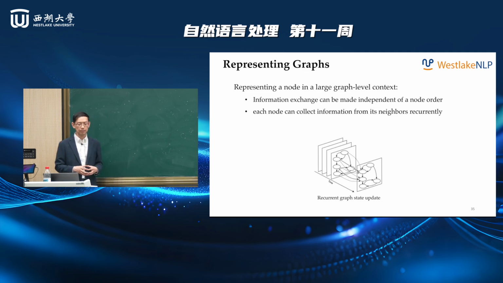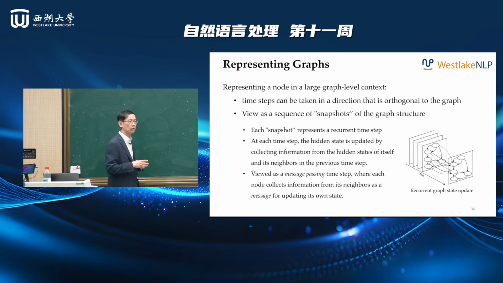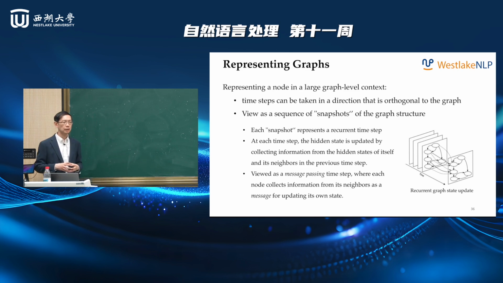That's the basic thinking of graph neural networks. And this information exchange is done between the node in the current time step and its neighbors in the previous time step, as I show you in this picture. And every node can do the information collection simultaneously.